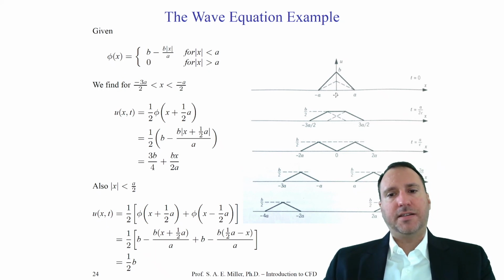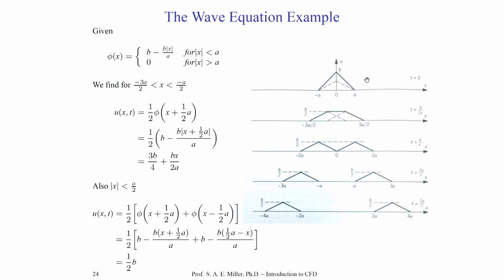It's very easy to understand this once we look at the solution graphically. The top line here is the initial condition. The x-axis is x. You can see the initial condition is given by b for x equals 0 from our equation on the left. Its height will be b, and at later times, its initial width is spread out by a.